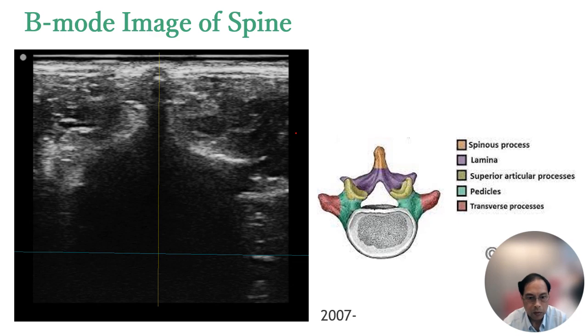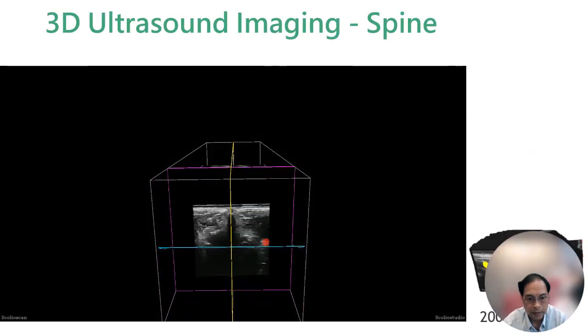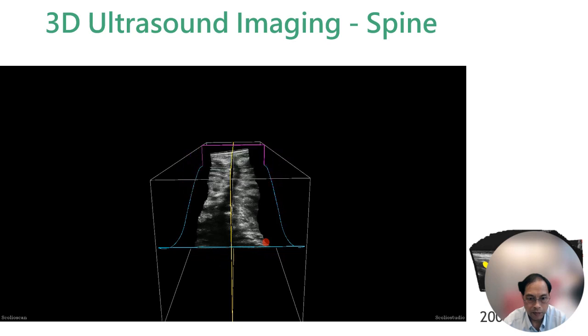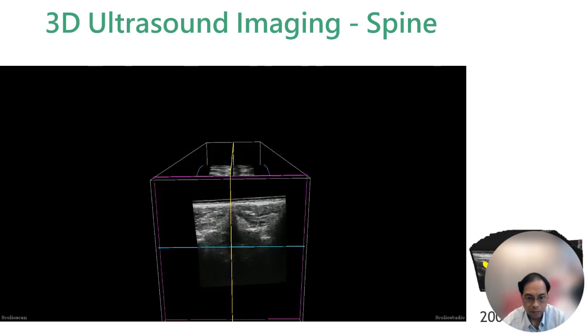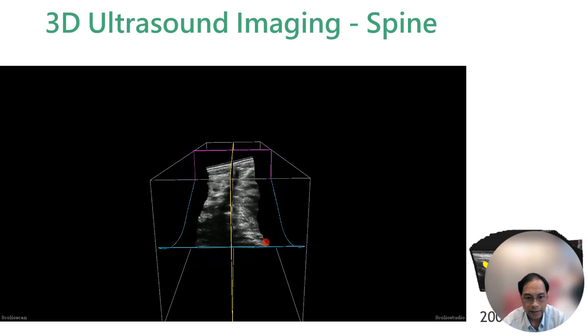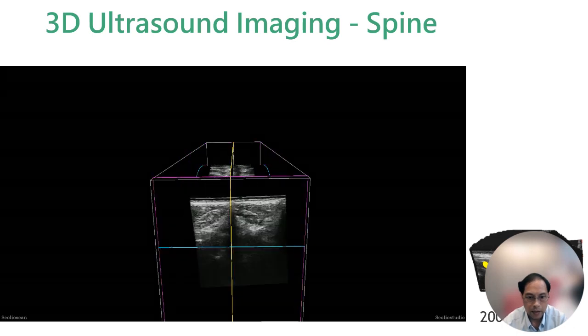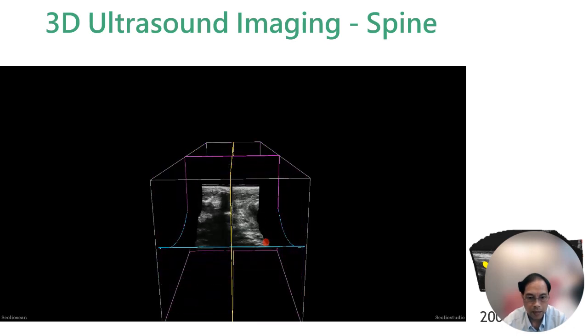That is a B-mode image of the spine, and you can see features like the spinous process on the top, and also some laminar information or even transverse process information. If we scan over the whole spine, then we'll see this video. From the bottom to the neck, we can gradually scan over the whole spine to form this 3D information.